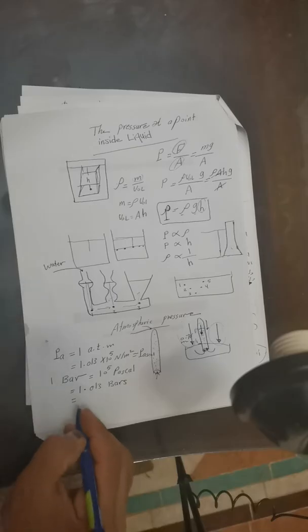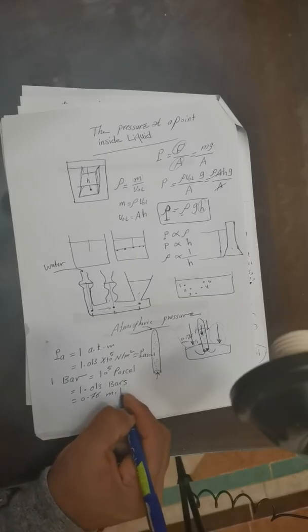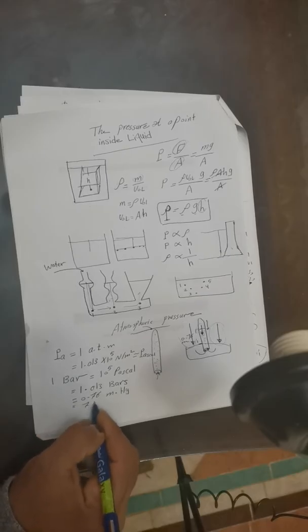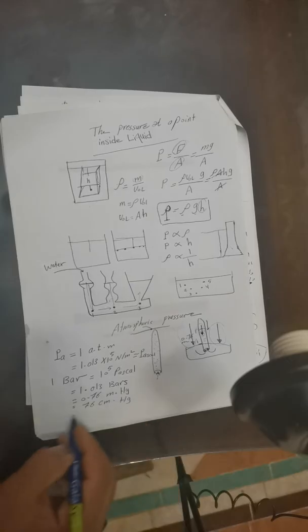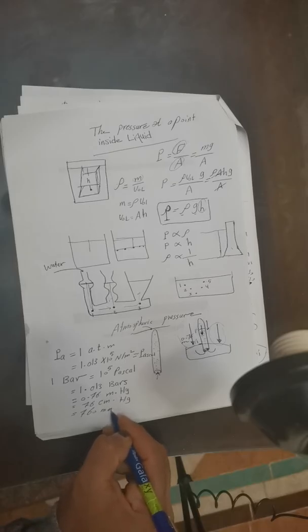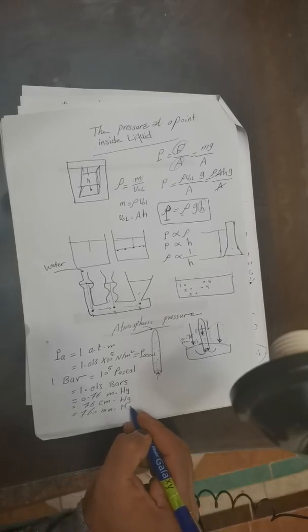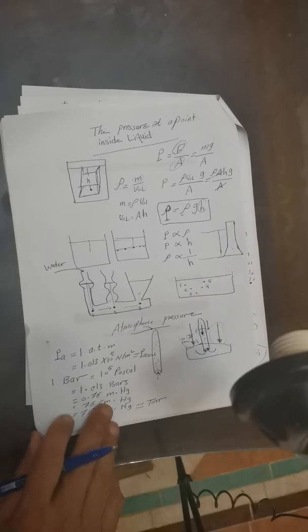It equals 0.76 meter mercury and equals 76 centimeter mercury and equals 760 millimeter mercury, which is equivalent to torr. So 1 torr equals 1 millimeter mercury. It is a unit of measuring atmospheric pressure.